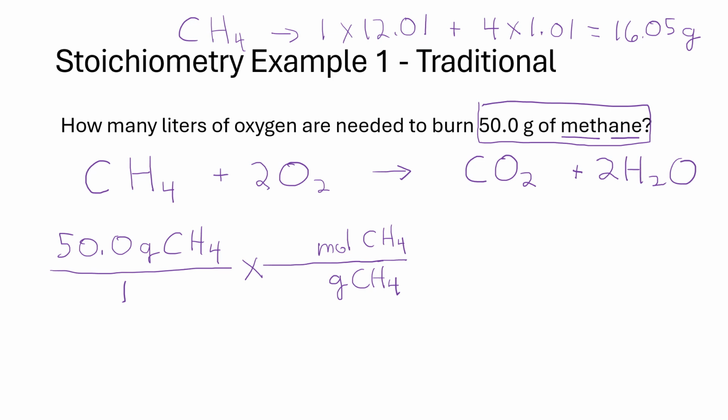So I'm just going to get the numbers from the mole triangle. The number that goes with grams in the mole triangle is the molar mass. That's what we calculated earlier. It's 16.05. The number on the mole triangle that goes with the word mole is 1. So 16.05 grams for every 1 mole of methane.